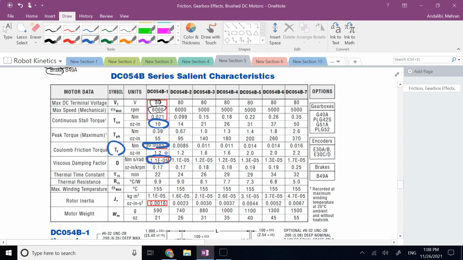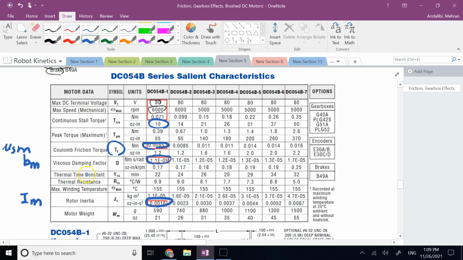What else does it give you? It gives you the rotor inertia, I, correct? So this is like your IM in that notation. This guy here is like your BM. This guy here is the total mu S times N times R, everything, right? And then you have all of these other things.